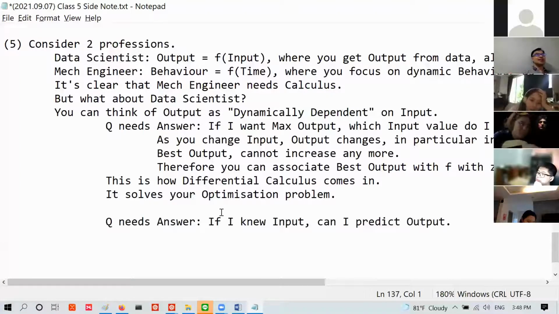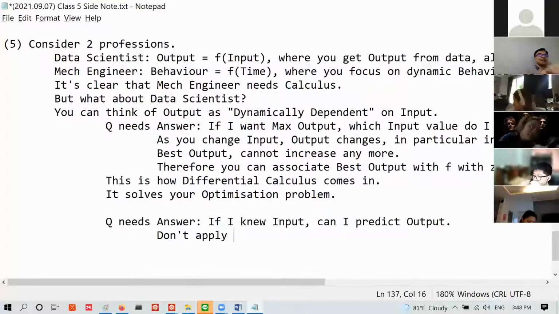But I'm not so clear why, if I want to know just the output, how do I do this? How does calculus help? Well, don't apply derivative calculus on f.